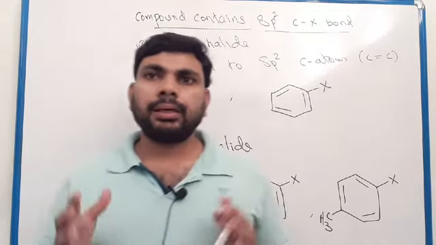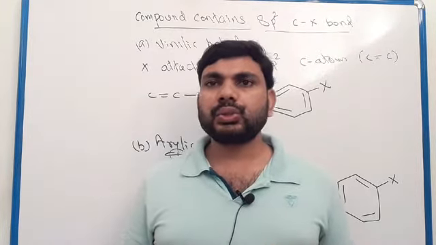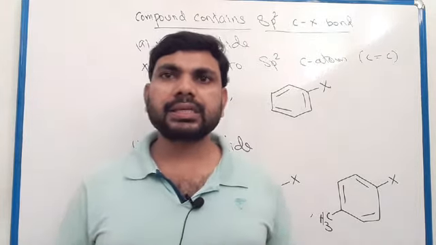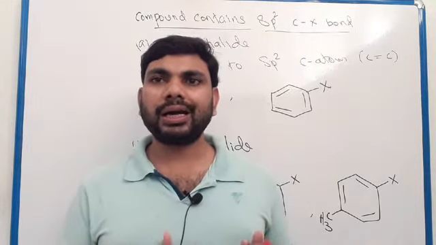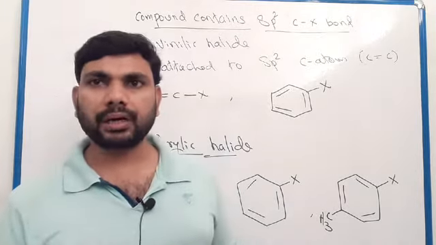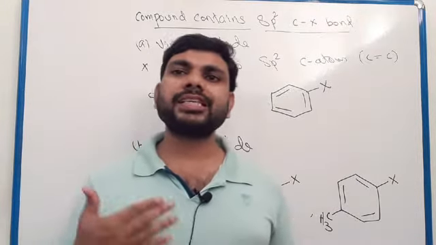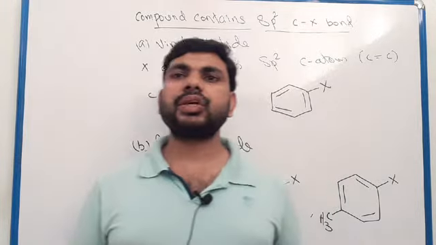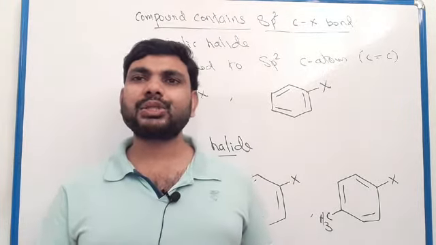Okay, so here we discussed halogen attached to carbon with sp3 hybridization. We discussed different classifications of haloalkane. Here halogen is directly attached to a carbon. That carbon is sp3 hybridized. Next one we have to discuss here, halogen attached to a carbon.